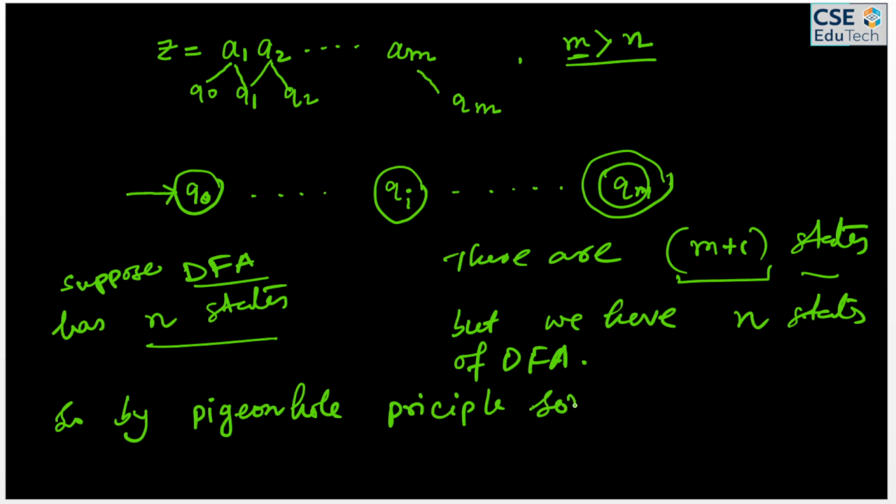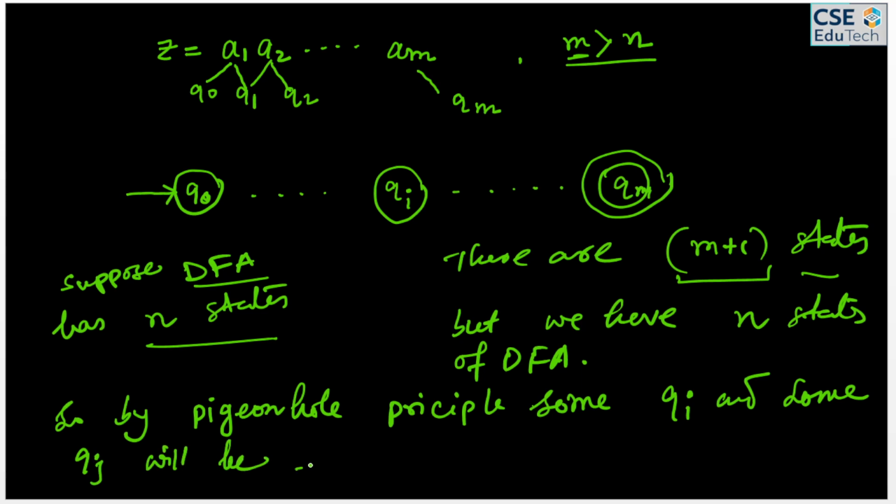some state Qi and some state Qj will be equal. That is, Qi is equal to Qj. That means if M is greater than or equal to n, but we have n number of states, so the DFA having n number of states, but your string length is M, so it requires M plus 1 states.